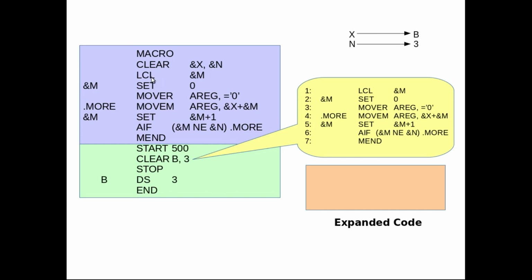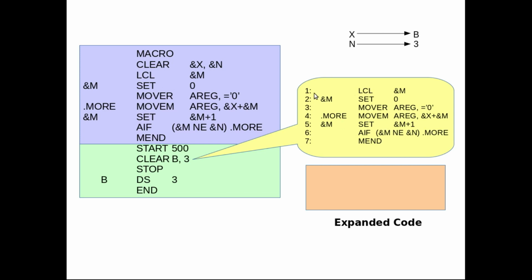Next, I write down the statements from the macro here, and I'm doing it just for making it easier for me to explain. And as we copy this line, we should copy the lines just after the macro prototype statement. So this is the macro prototype statement, and the next line is your LCL. So starting at LCL, we copy up to the macro end statement.